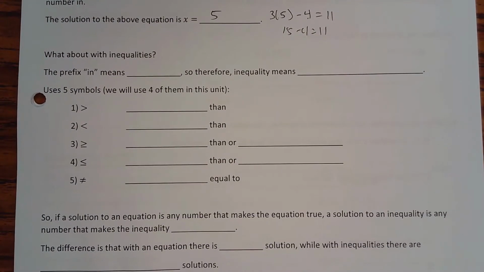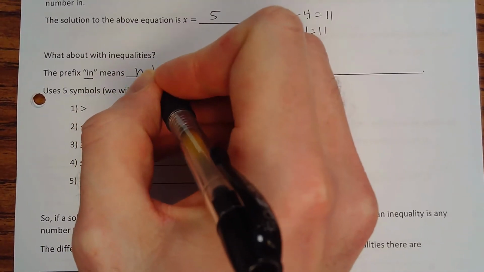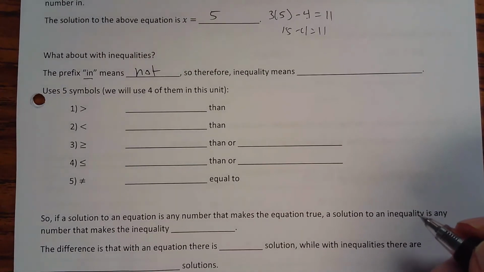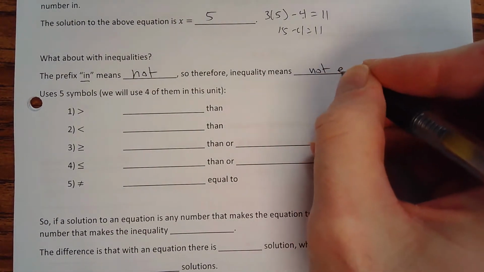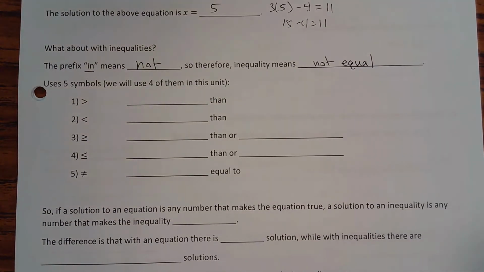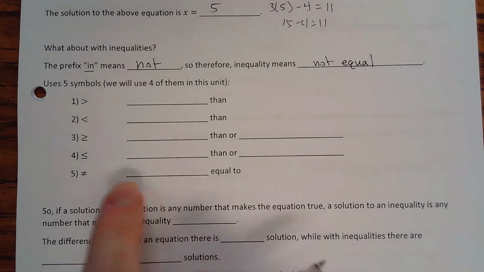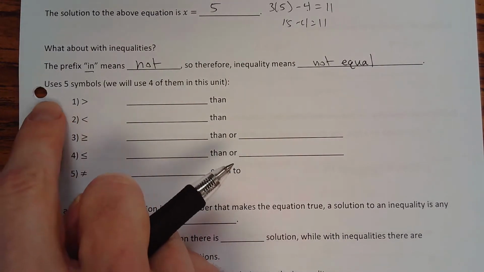What about inequalities? The prefix "in" means not. So therefore, inequalities mean not equal. Here are the 5 symbols we're going to use. The first one, we always read left to right.